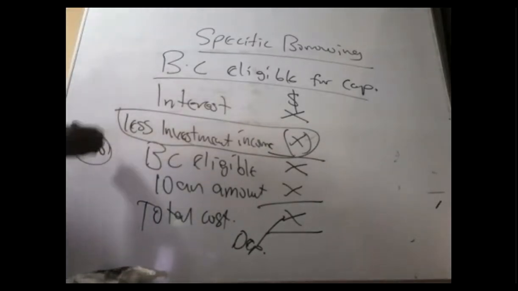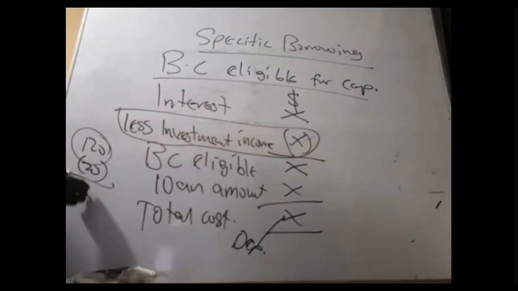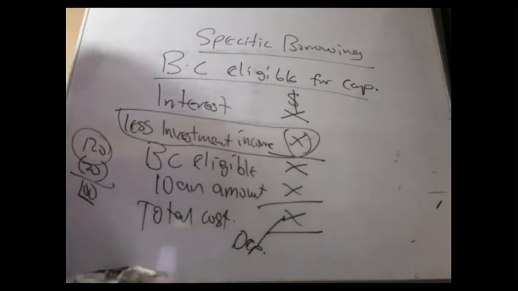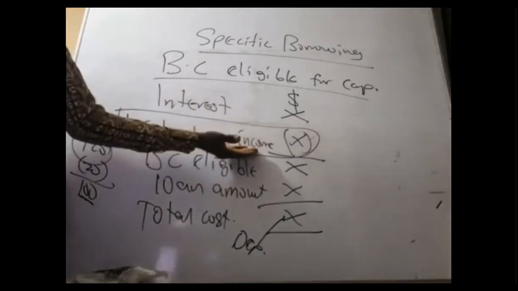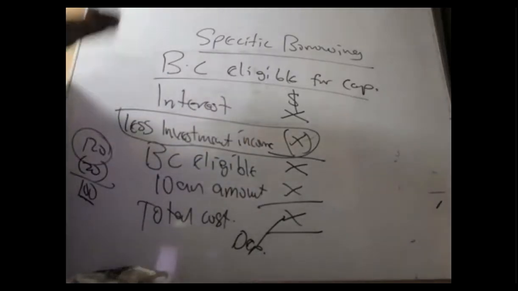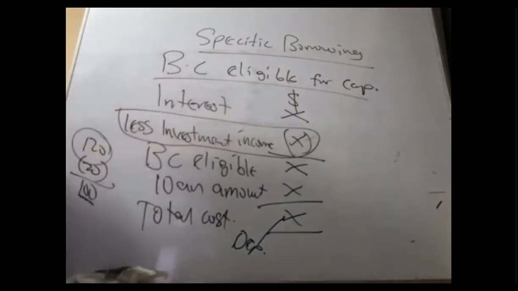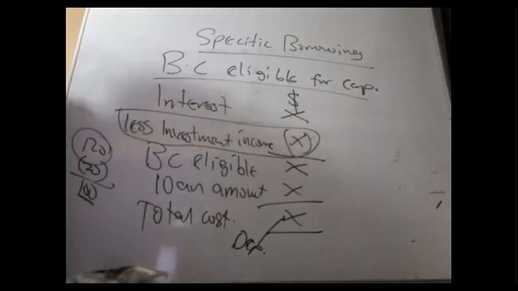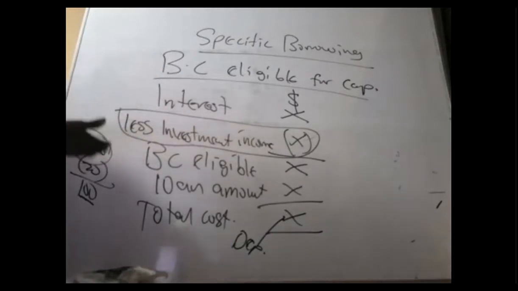So if the first time you draw 20, you are left with 100, and we assume that this 100 will be invested because it's surplus and idle for now. Any investment income you earn on the temporary investment of the surplus funds, we assume you use that interest income to offset some of the interest expense that you are paying. That is the essence of the investment income.